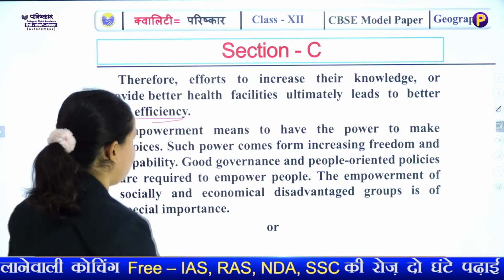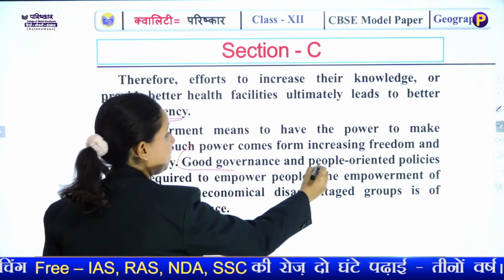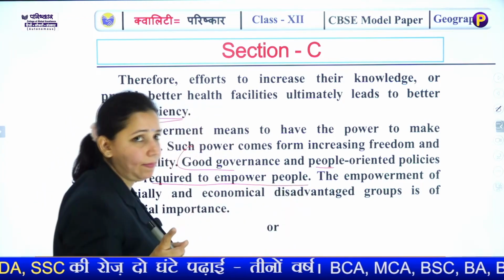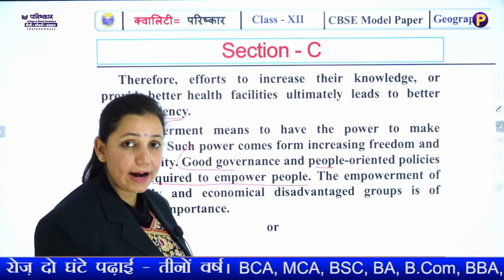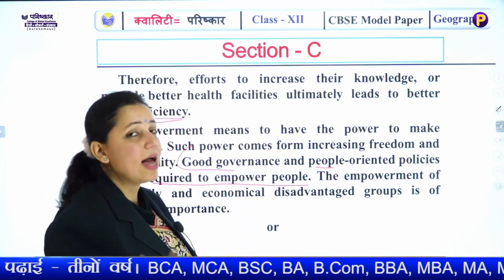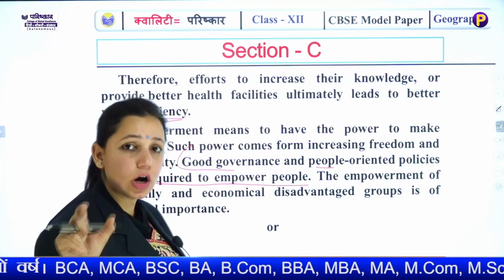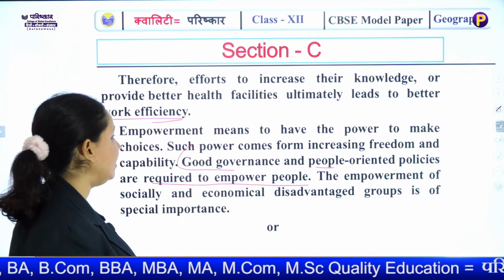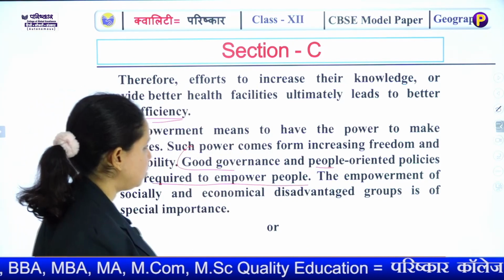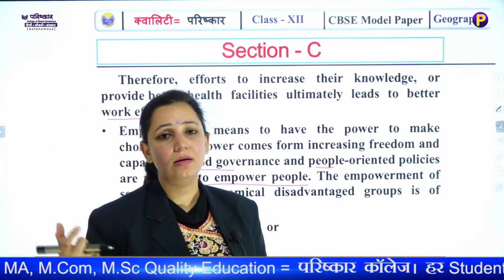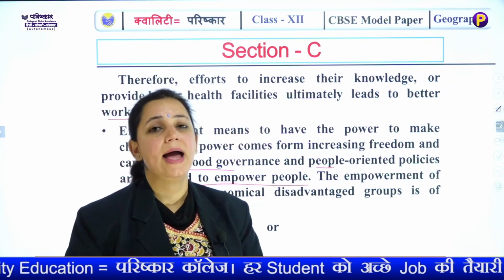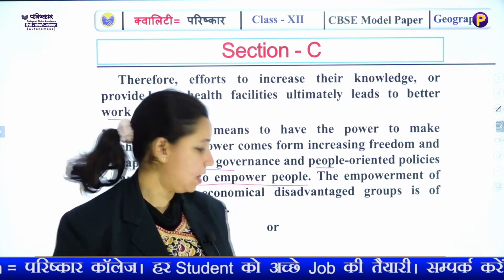Good governance and people-oriented policies are required to empower people. The empowerment of socially and economically disadvantaged groups is of special importance, and the weak and marginalized groups have to be uplifted and made more empowered.